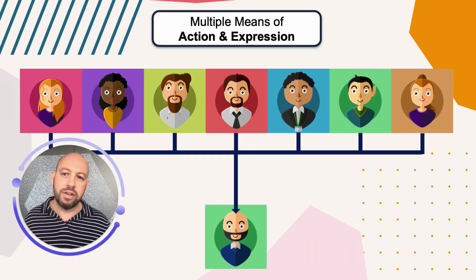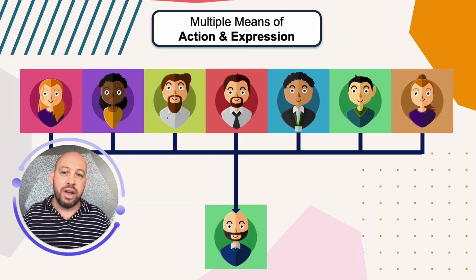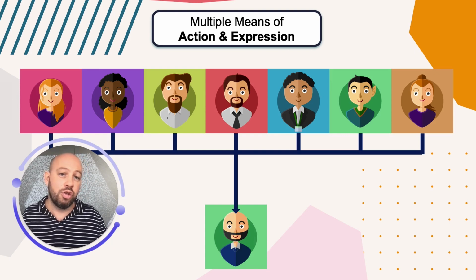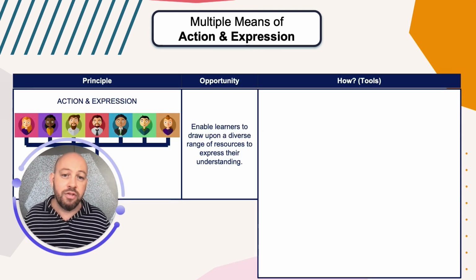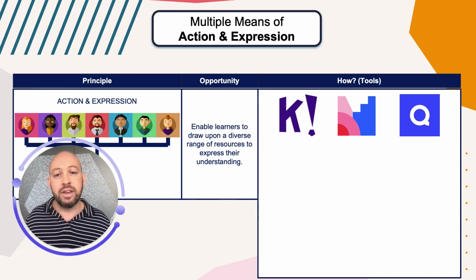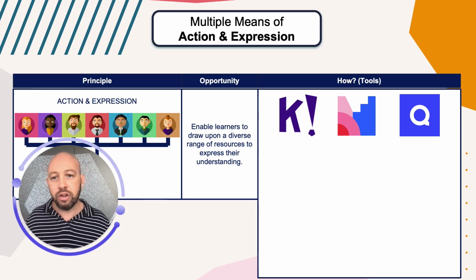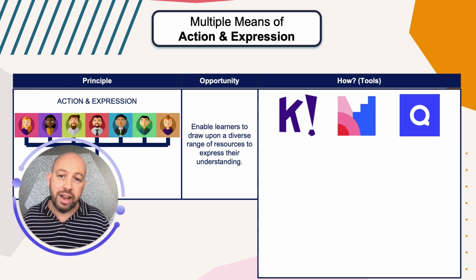And then for multiple means of action and expression, how can you have your content represented in many different ways? How can students show that they understand and have achieved the learning outcome? I think, again, we're going back to the assessment for learning tools, so Kahoot, Mentimeter, Quizlet, they're all options for showing understanding and achievement of learning outcome.